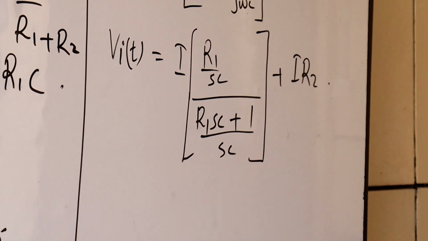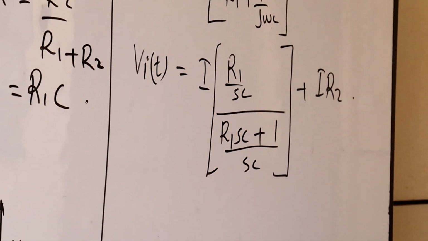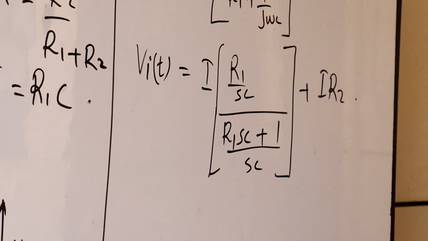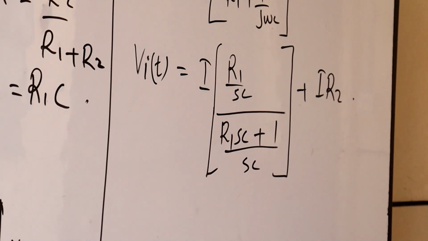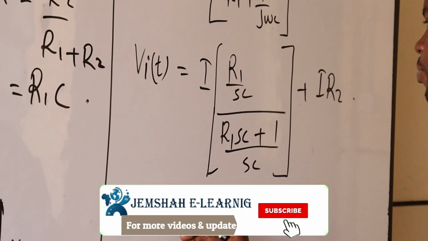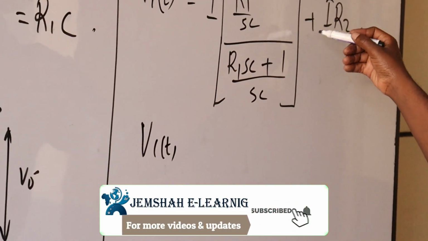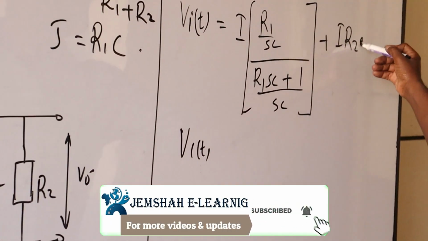That is what it is all about. Then from there we can simplify what we have here. So if we simplify this, we are going to get Vi of t.